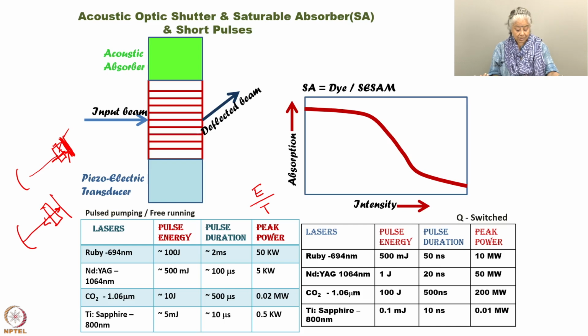They went on to shorter and shorter pulses. You just keep on trying to get shorter and shorter pulses, and they found a method of making attosecond. Attosecond means 10 to the power minus 18 seconds. Femtosecond is 10 to the power minus 15, attosecond is 10 to the power minus 18 seconds. So this is atto.